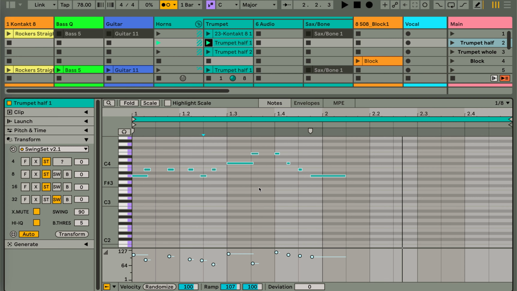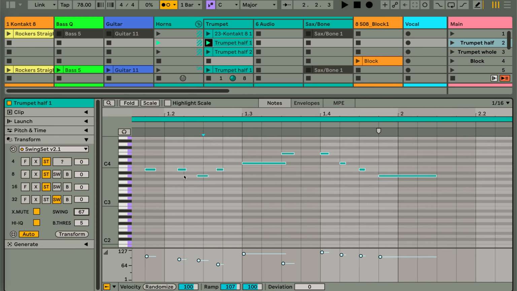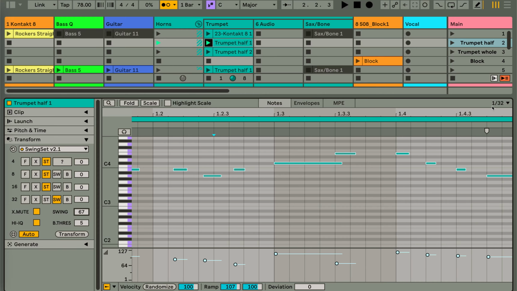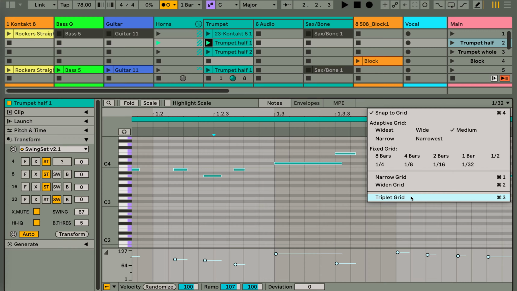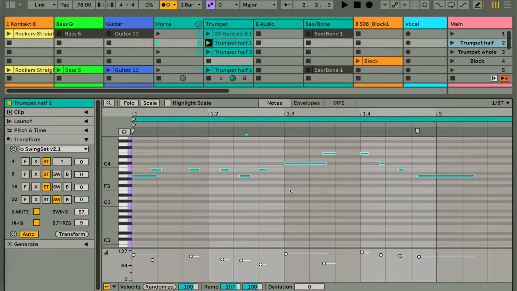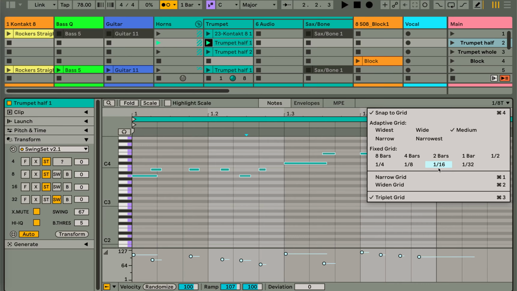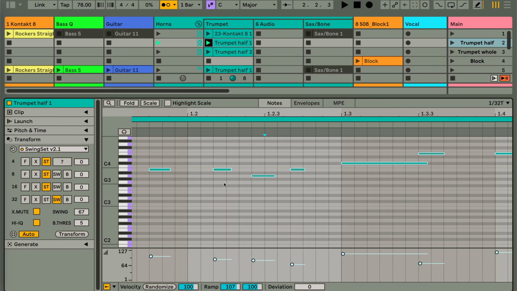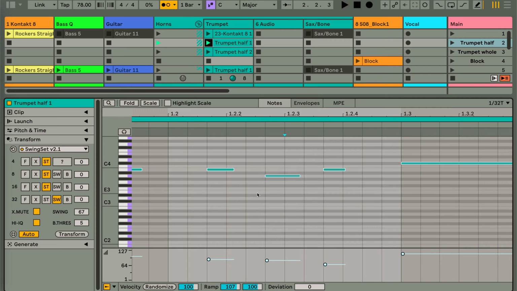The other thing we can consider is that a 67% swing is a triplet. And we can see that if I zoom in and change the grid to triplet. It's annoying how it jumps around like that, not 8th triplet. Sorry about that. There you go. So 32nd triplet. That's the grid that they would align to if you had the swing at 66 or 67.